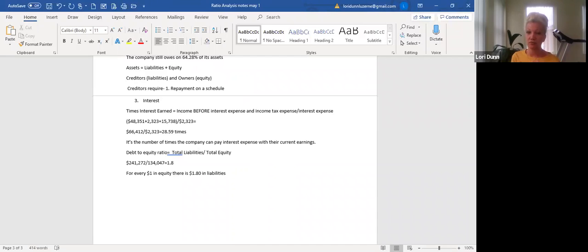So again, it's measuring how we finance the company. There's a greater amount of liabilities financing the company than there is equity. So it's looking at that ratio of how much debt there is to equity. $1 of equity, $1.80 of liabilities.